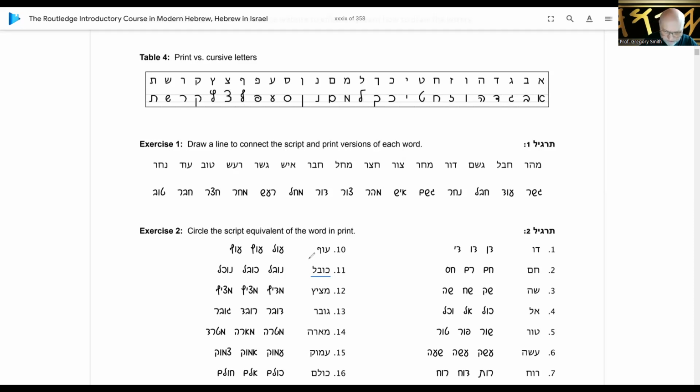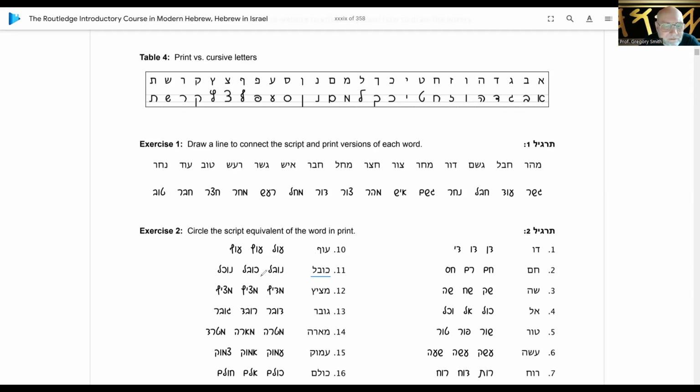Okay, it means like a bond or a chain or shackle. Kovel.